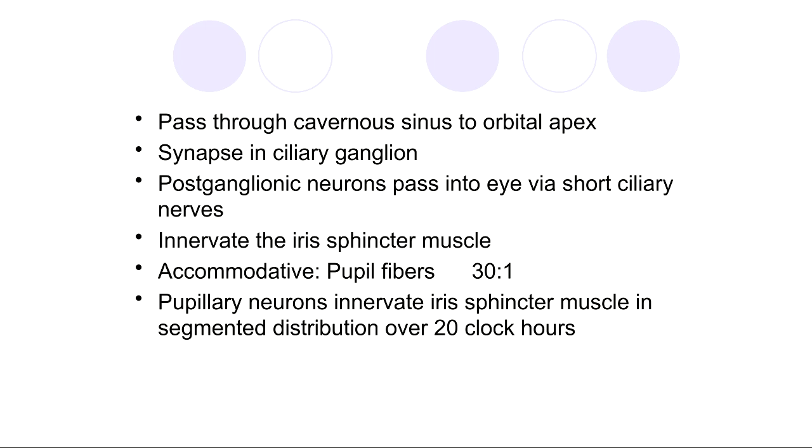Your postganglionic neurons are going to pass into the eye via the short ciliary nerves, and the nerves are going to innervate the iris sphincter muscle. Now, the ratio of accommodative to pupillary fibers is 30:1, so there are many more accommodative fibers than pupillary fibers. And these pupillary fibers are going to innervate the iris sphincter muscle in a segmented distribution.